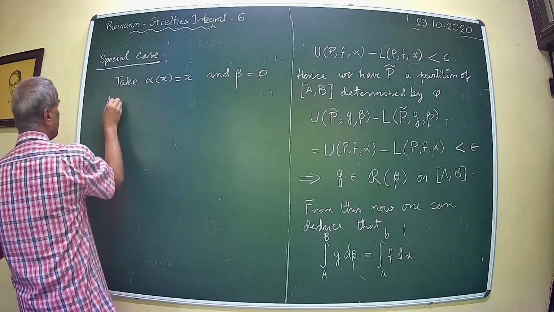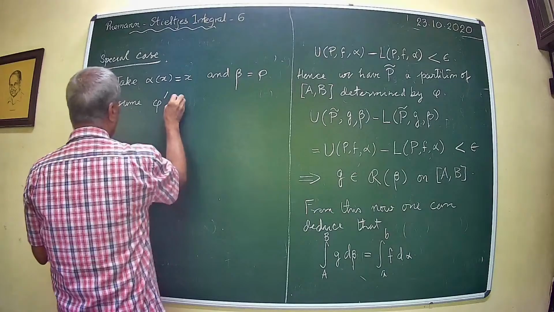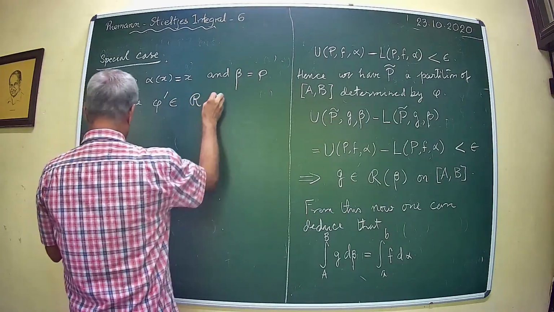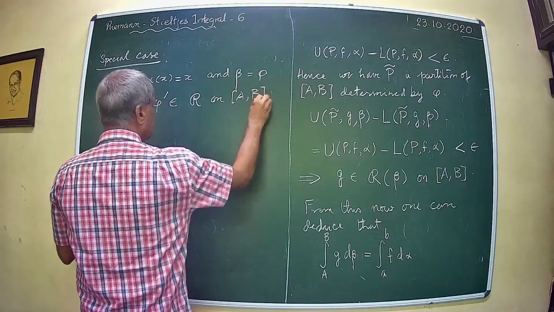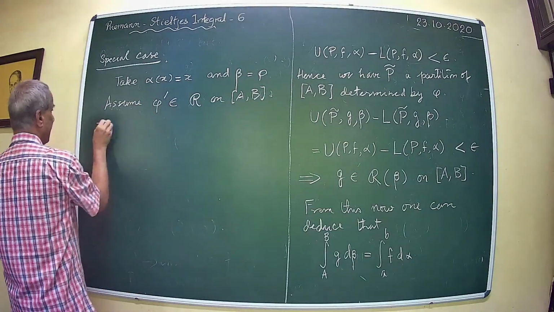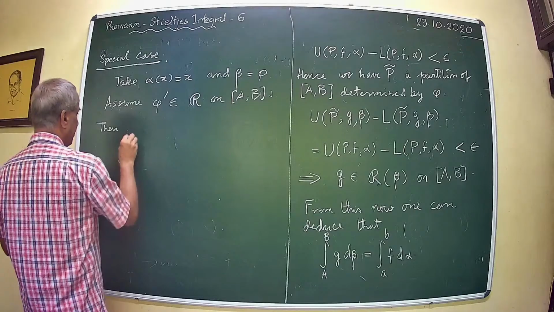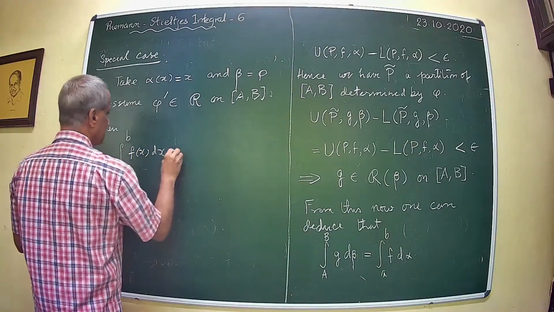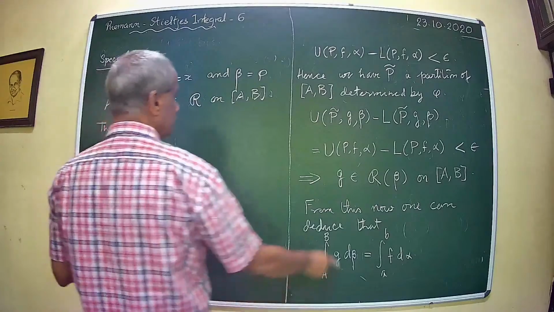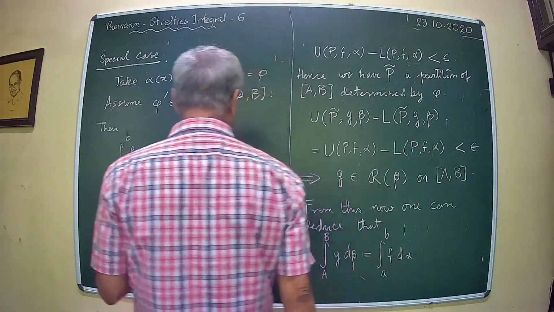Assume phi derivative belongs to R, then the integral a to b of f(x) dx is equal to the corresponding g.